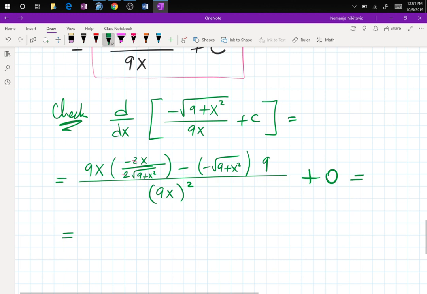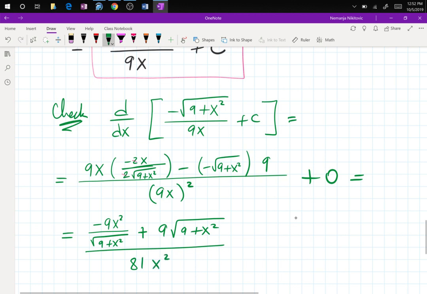And I have negative 9x squared divided by the square root of 9 plus x squared, plus 9 times the square root of 9 plus x squared, everything divided by, I'm just going to put 81x squared because I can.